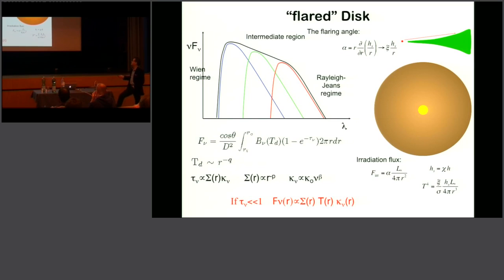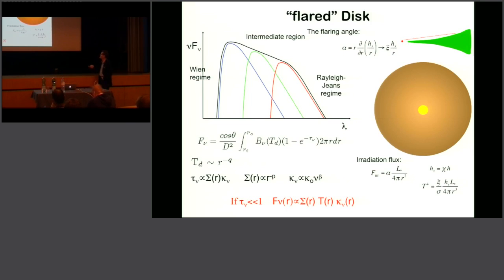Okay, and so essentially you can rewrite this in such a way that if you are in a condition in which the emission is optically thin to the radiation, then the emission at any given radius is proportional to the amount of mass that you have at that radius, times the temperature at that radius, times the optical depth, the dust opacity coefficient at that radius.